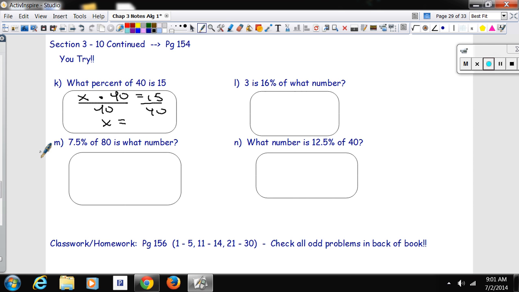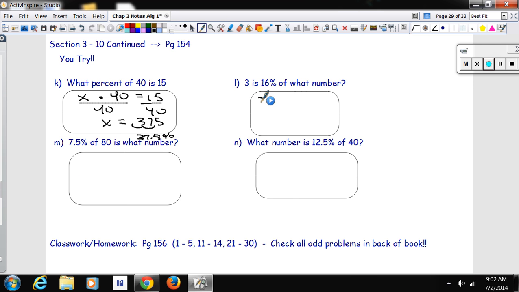That's where you get your calculator out. And you would do 15 divided by 40: 0.375. So what percent would that be, 0.375? 37.5. You'd move it over 2 places. 37.5% would be your answer to number 1 there, or letter K.